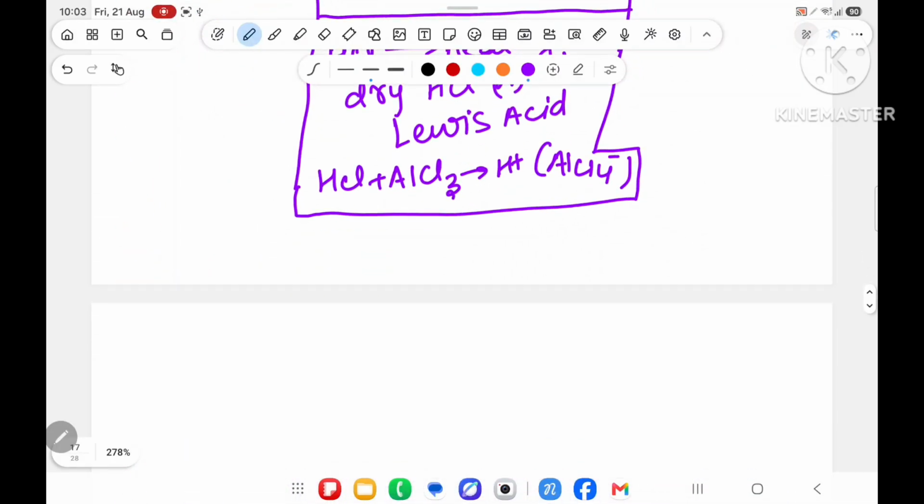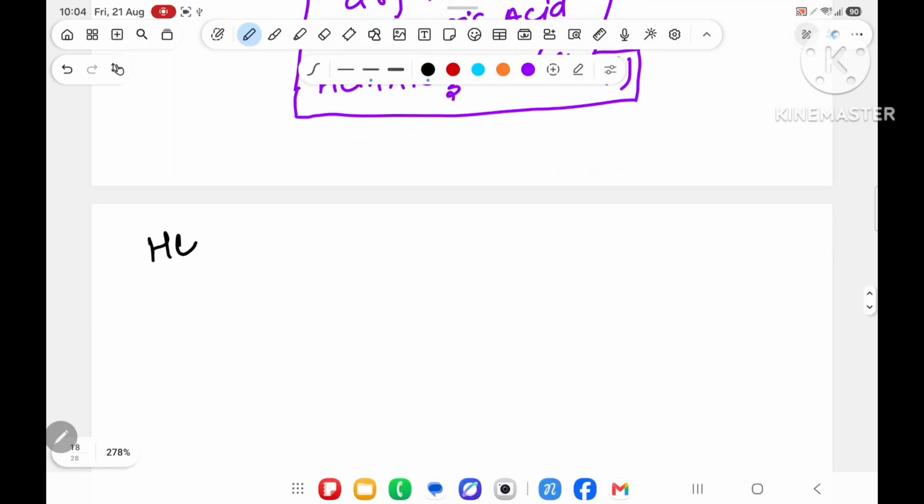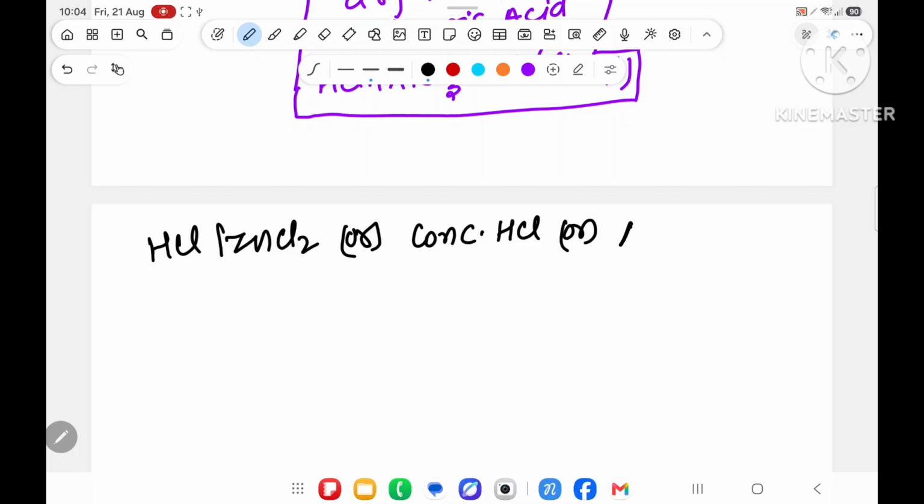Okay. Now over here, if you use HCl in presence of ZnCl2, or you will take concentrated HCl only, so ZnCl2 is not required.